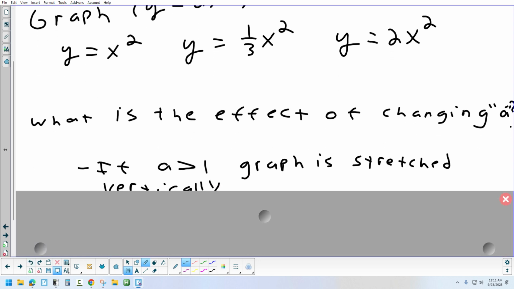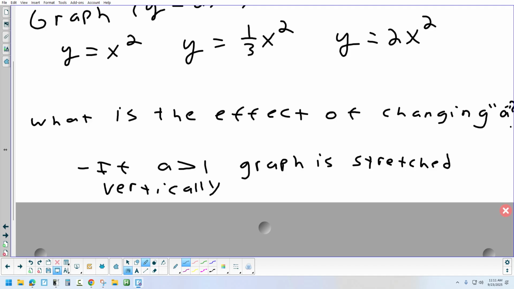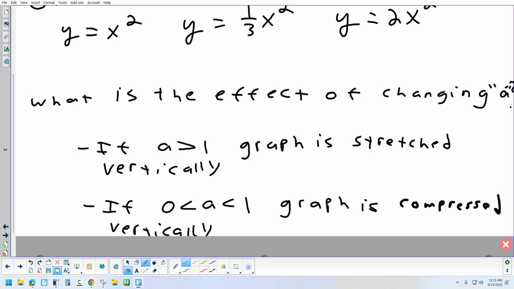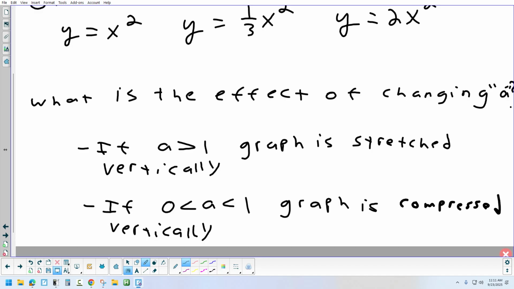If you plug in a number in front that is bigger than 1, the graph will stretch vertically. It gets really tall and skinny. The bigger the number, the taller and skinnier it gets. If you plug in a number between 0 and 1, like 1/3, 1/2, 0.2, anything between 0 and 1, that will cause the graph to compress vertically.